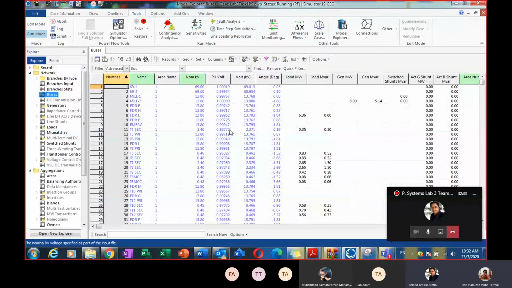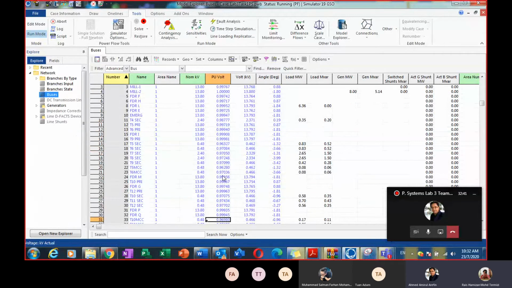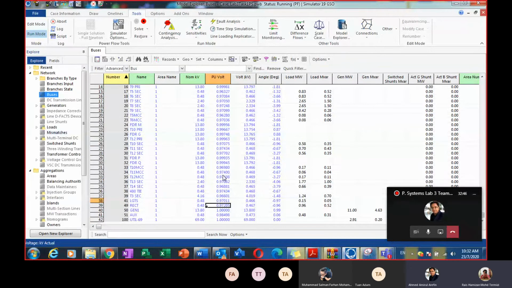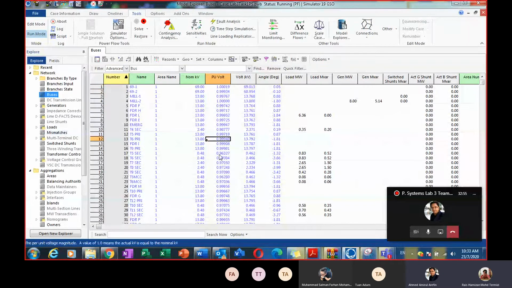So for task one, the per unit value, which one is the highest one? Bus number one. There is an option to see the highest one and the lowest one. Just click the per unit column, the upper one.